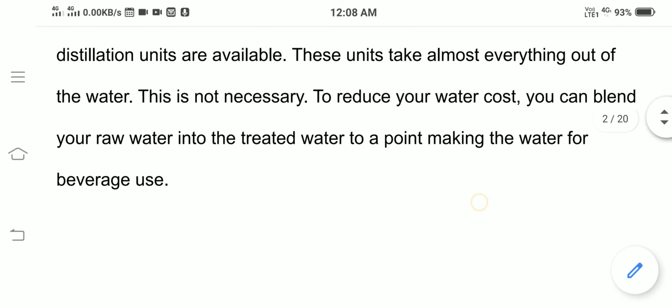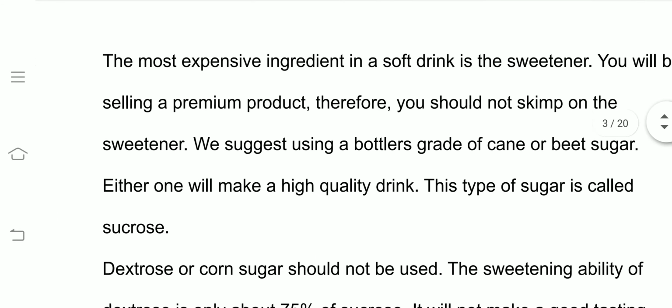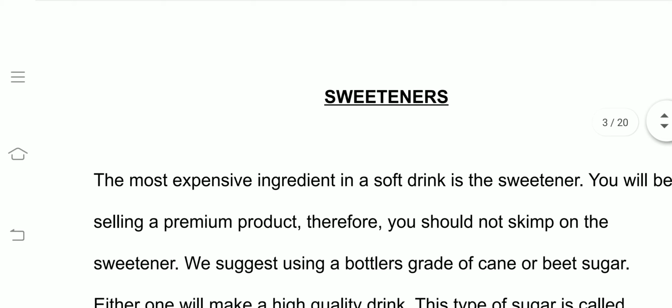Now, next ingredient is sweetener. The most expensive ingredient in a soft drink is sweetener.